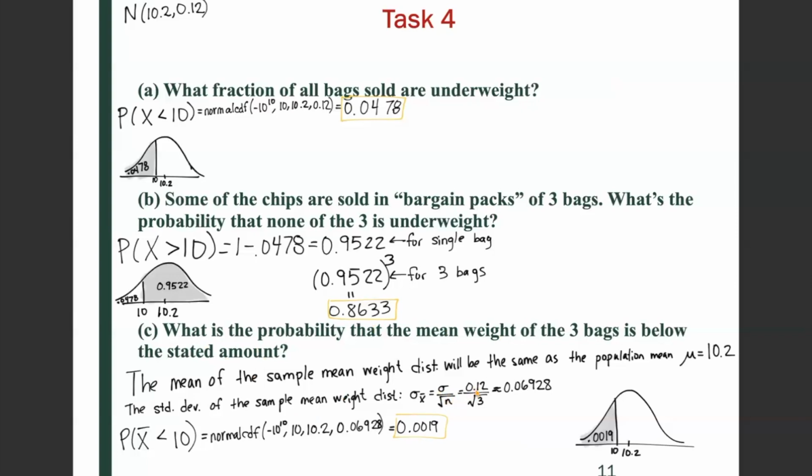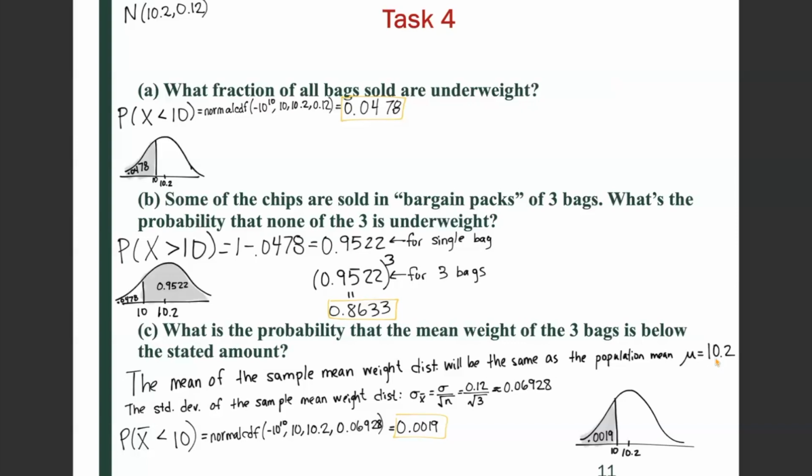So that's going to be 0.12 we were given as the standard deviation, and our sample size here is going to be n equal to 3, because here we're given 3 bags. So that's our sample size. So we're going to do 0.12 divided by the square root of 3, and that gives us 0.06928.